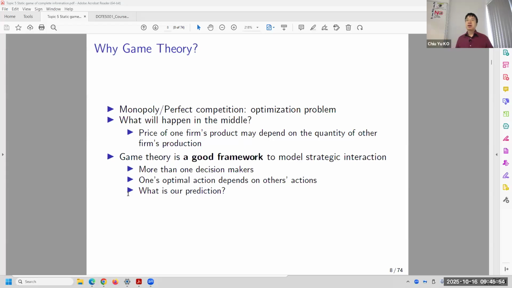Foodpanda, right? I didn't use it, so I don't know. But if you use a taxi, then probably now you have Uber or DiDi or some others, right? You have very few. So if you have a small number of firms, then it will be important to model how they behave, right?